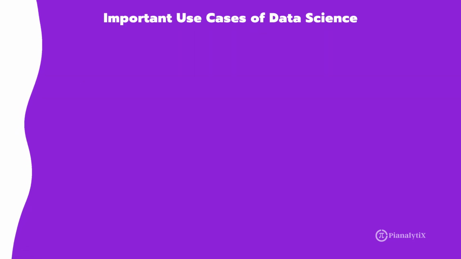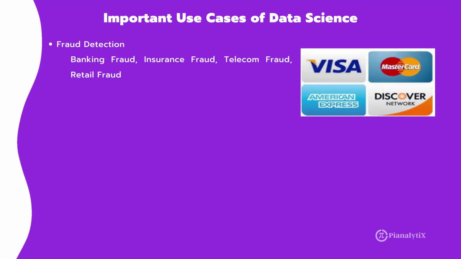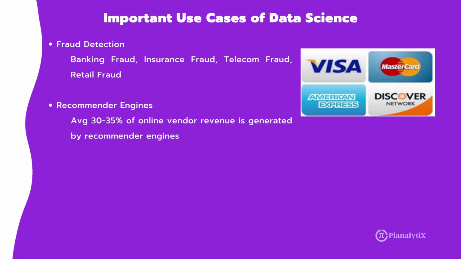Some more important use cases of data science are like fraud detection. In the banking or financial industry, fraud detection is a very major use case of machine learning, where you want to figure out if someone is doing some fraud with a loan or insurance. We can detect fraud based on the historical data. As I mentioned earlier, the other use case is the recommender engine.